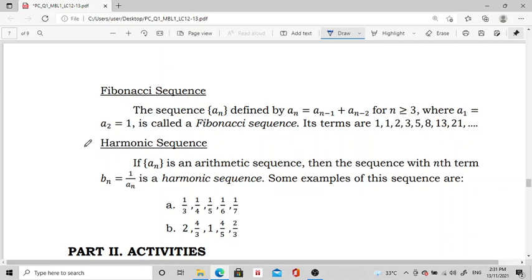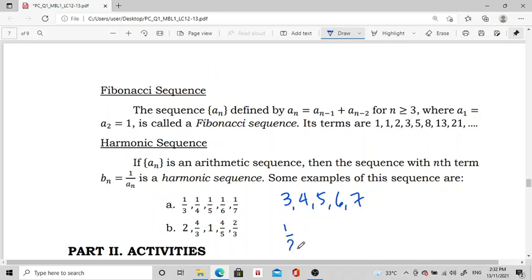And we also included the harmonic sequence. Yan. At nabubuo ang isang harmonic sequence by getting the inverse ng terms ng isang arithmetic sequence. So, ito, pag kinuha natin yung inverses ng kanyang terms, may mabubuo tayong harmonic sequence. Ganun din ito kapag kinuha natin ang inverse ng harmonic.